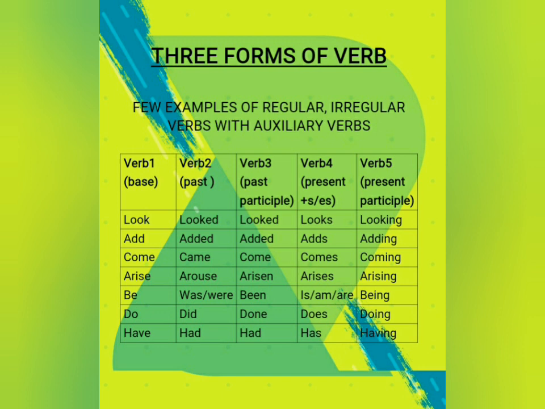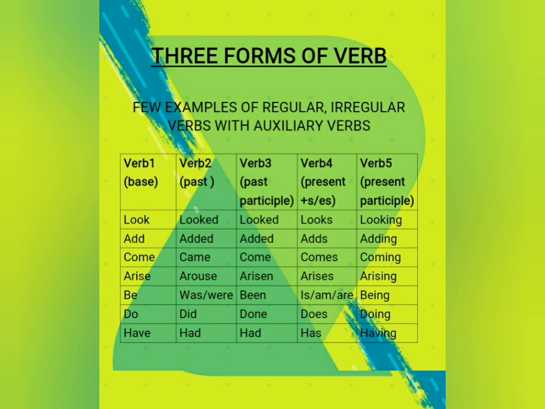Second example, which also belongs to regular verb: add, added, added, adds, adding. Third and fourth examples belong to irregular verb: come, came, come, comes, coming; arise, arose, arisen, arises, arising.